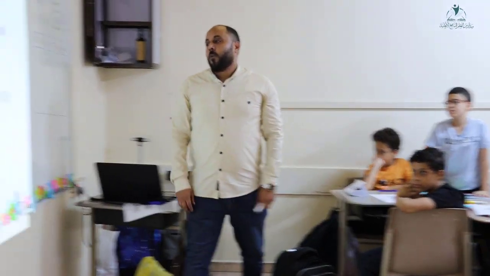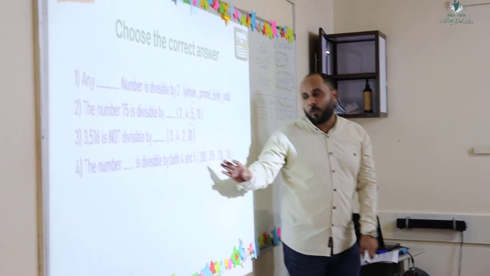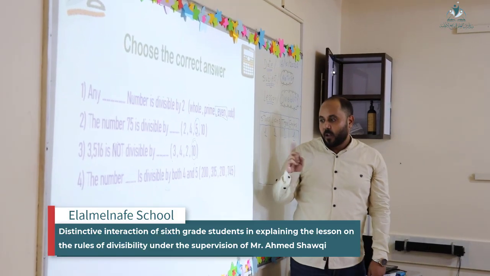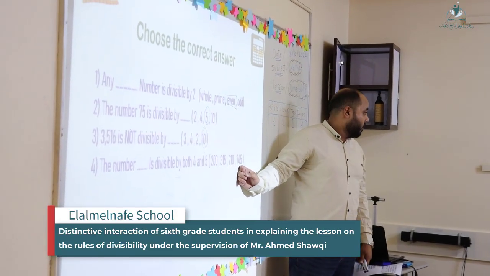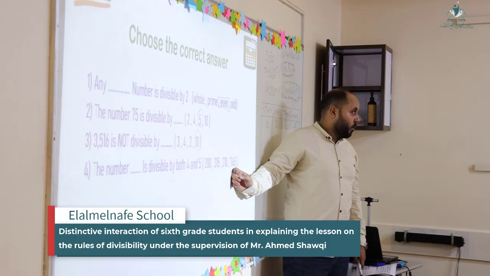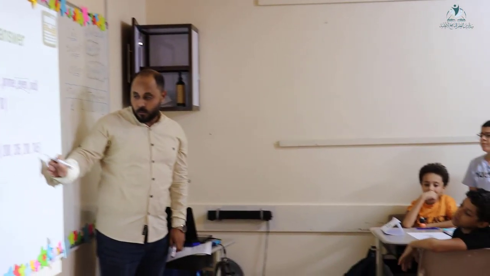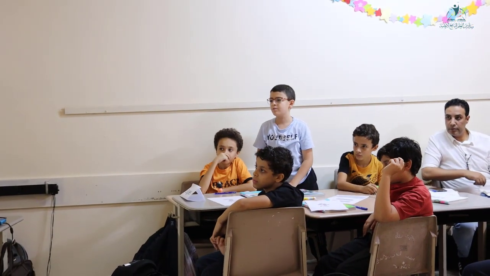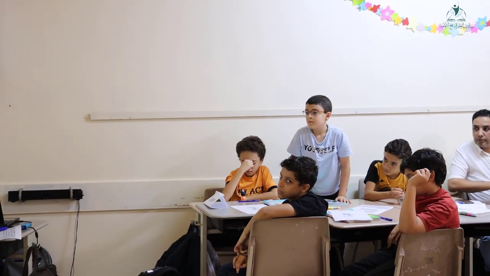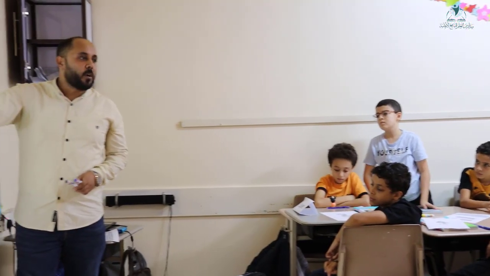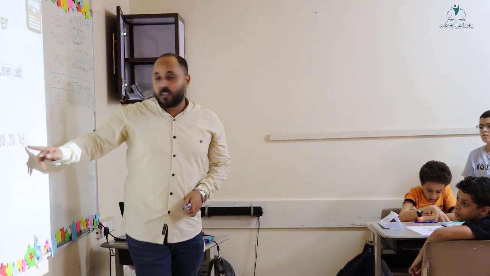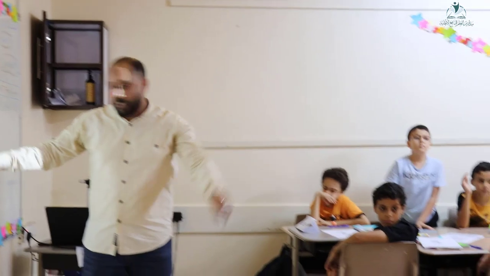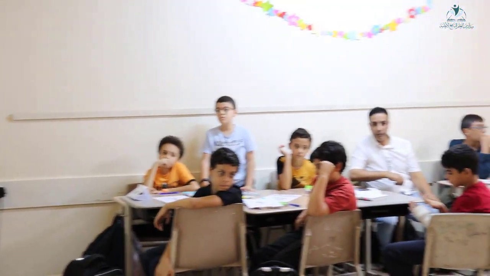Question: which of the numbers is divisible by both 4 and 5? Is this number divisible by 4? No. Why? Because 45 is not divisible by 4. Yes, the ones and the tens, 45, not divisible by 4. Is this number divisible by 5, Ali? Yes.